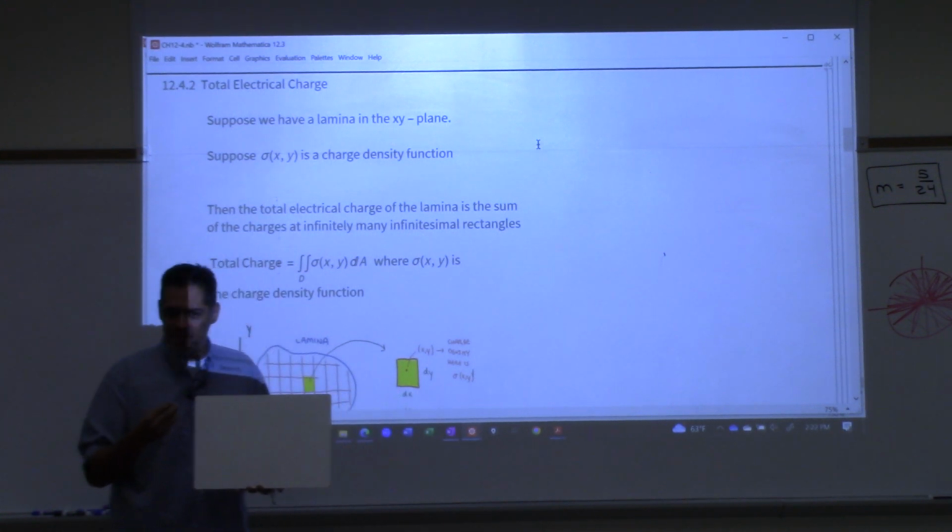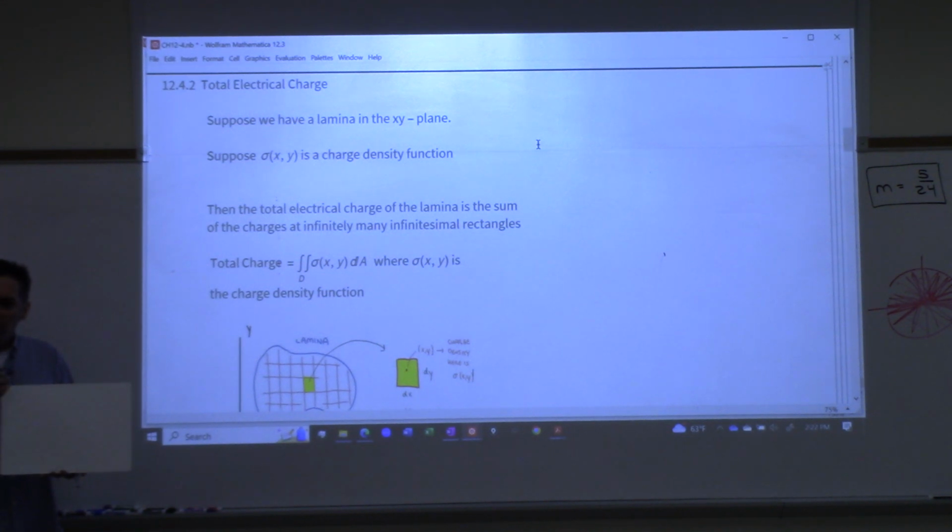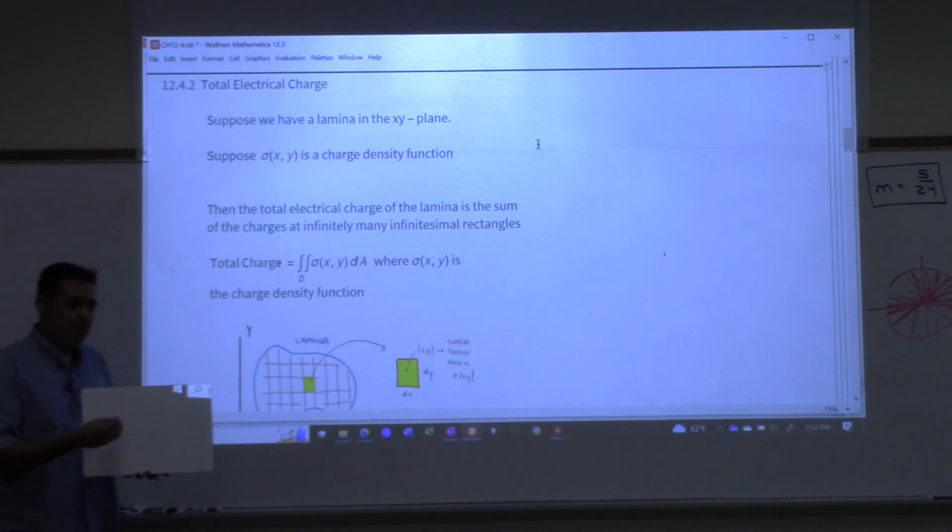I'm not here to discuss that in detail, but it's somewhat like a mass density, except you're talking about electrical charge instead.